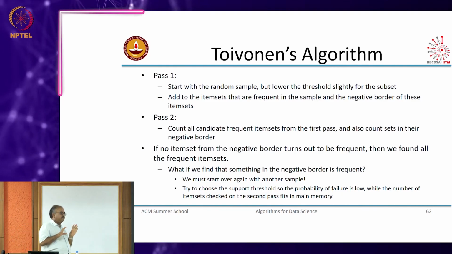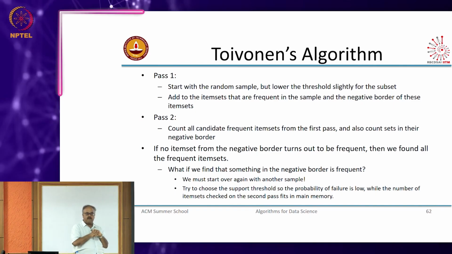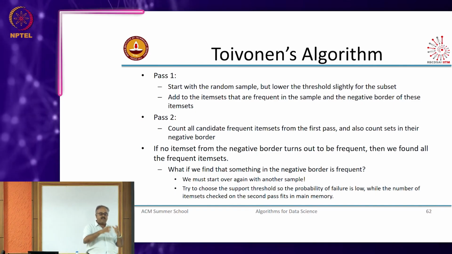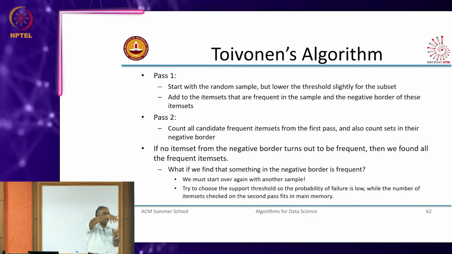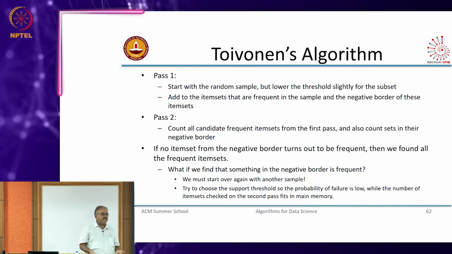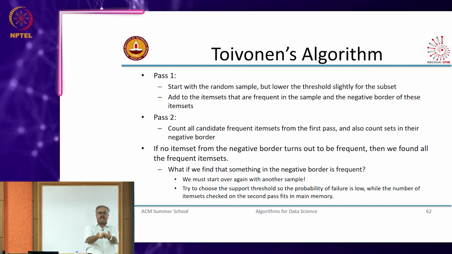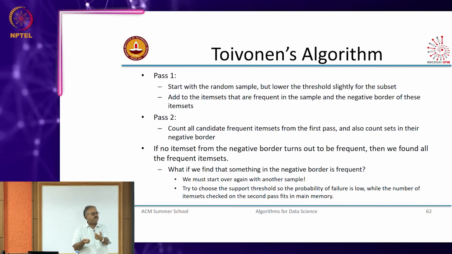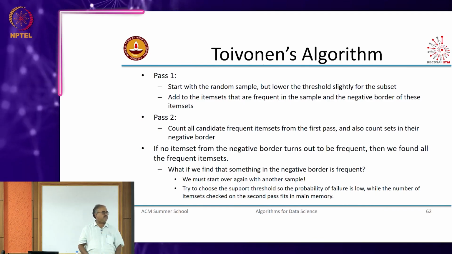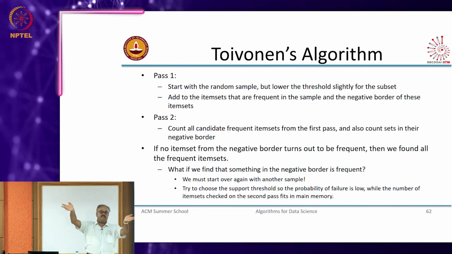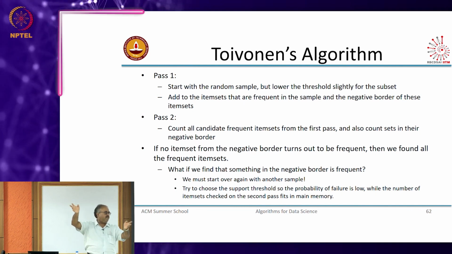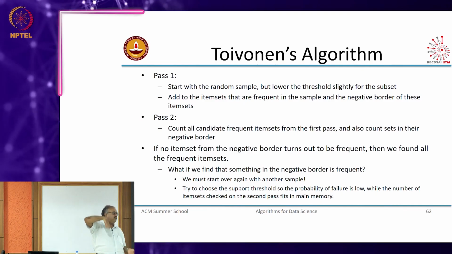Now all bets are off. If something from the negative border turns out to be frequent, there is some chance that something larger than that also is frequent. So, we could potentially be missing a bunch of things. For example, remember I was telling you A is frequent, B is frequent, but AB was not frequent in the sample, and therefore we would not have considered ABC or ABD as candidate frequent item sets.